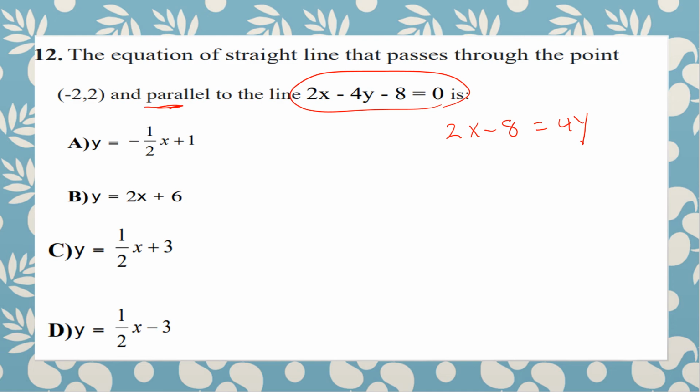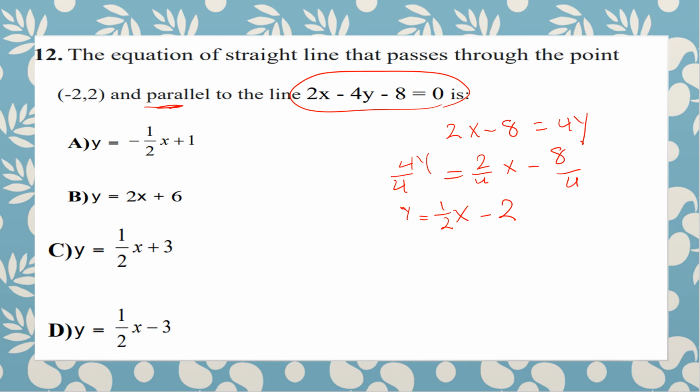So in order to get rid of 4, we have to divide each side by 4. So 4y over 4 equals 2 over 4 x minus 8 over 4. This equals y equals half x minus 2.